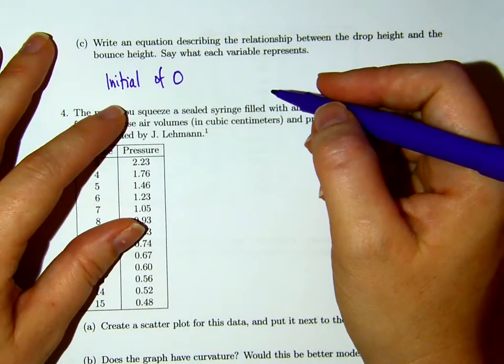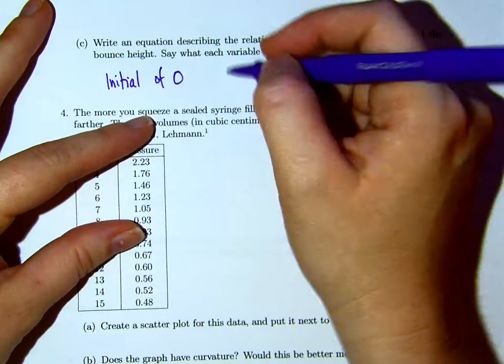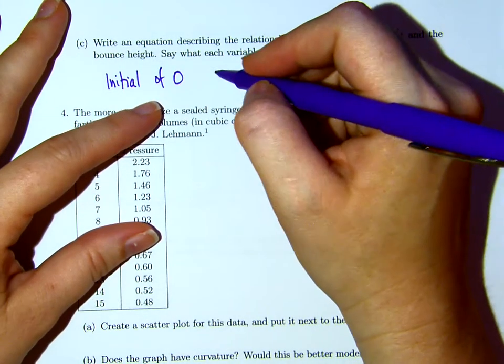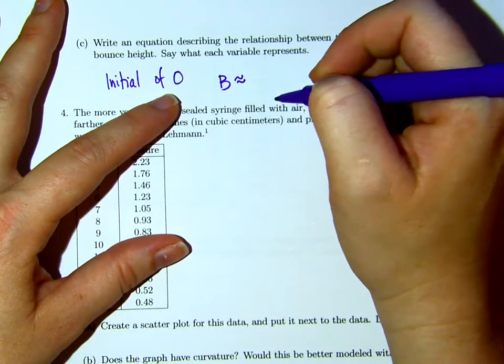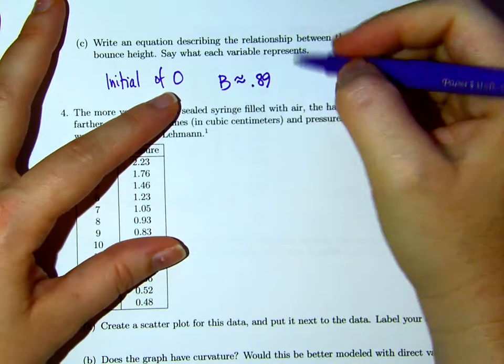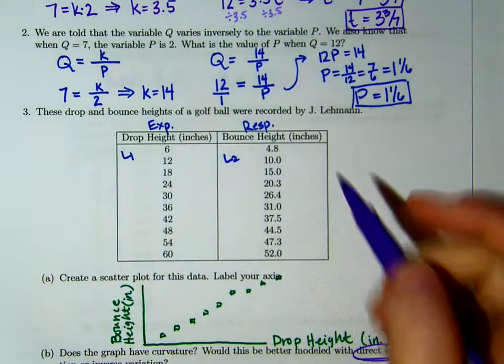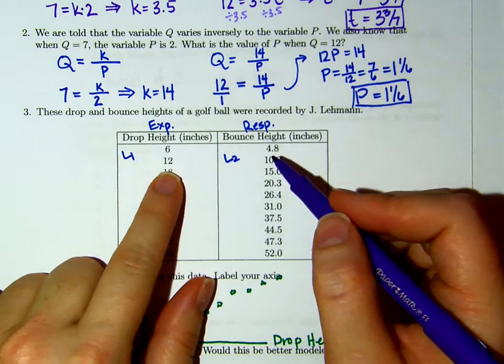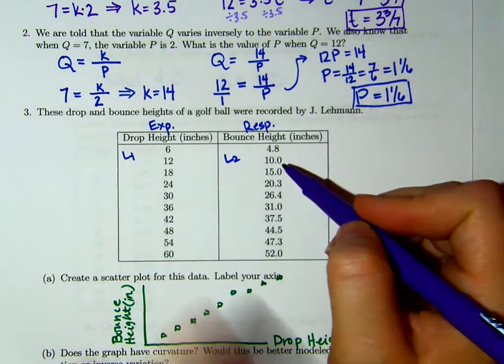Okay, and I noticed that this said about 89%. We said bounce height is approximately, and it gave a slope of 0.89 times the drop height. If we look back at the data, we're really saying if we take 12 and multiply it by 0.89, what we get is 10.68.